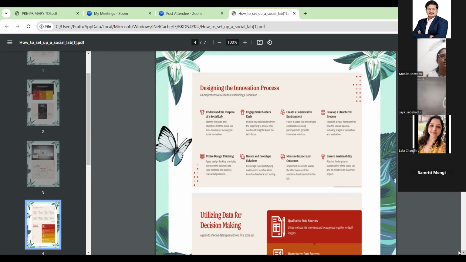Then next is iterate and prototype solutions. What do we mean by the term iterate? Iterate means to repeat a process or an action multiple times, often with the goal of refining or improving the outcome.